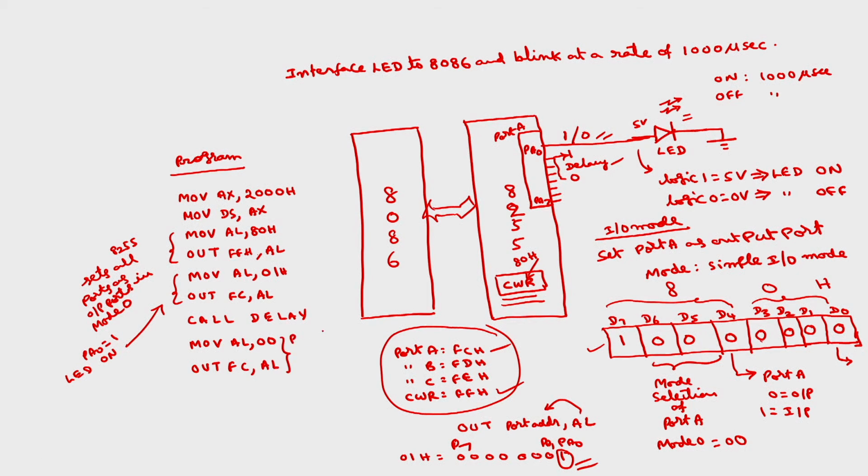PA0, and of course PA1 to PA7 also, become 0, but I am not interested in those because I have connected only PA0 to the LED. So PA0 becomes 0, which implies the LED is off. So one cycle is over: on, then call delay, off. I have to repeat the same thing. You call the same delay again.